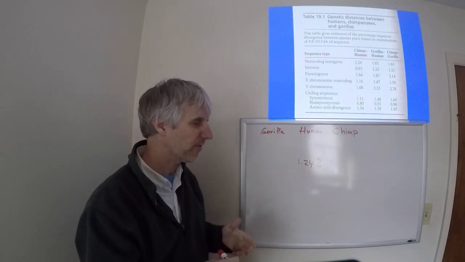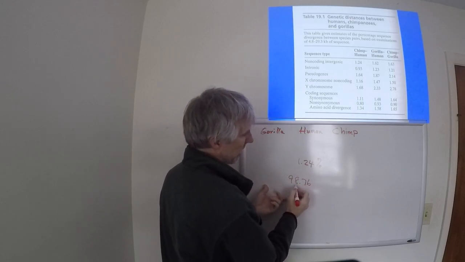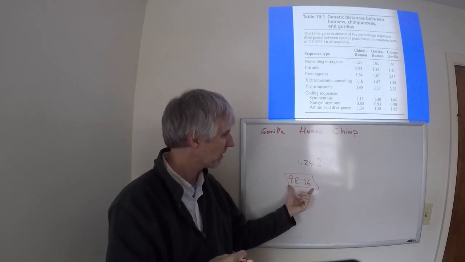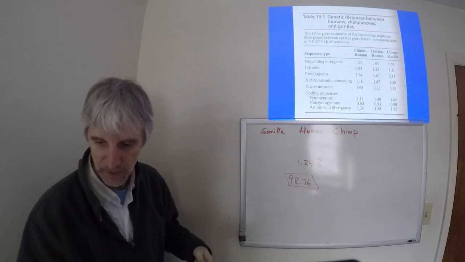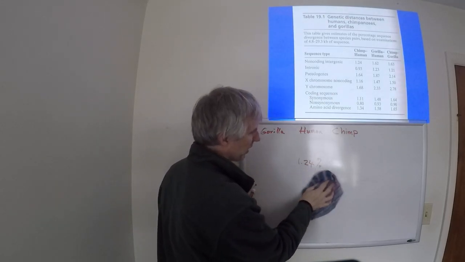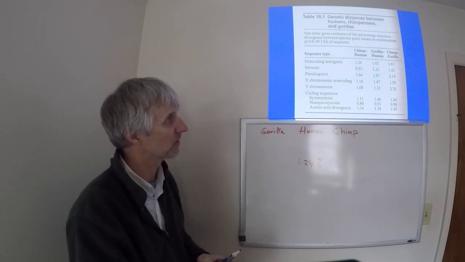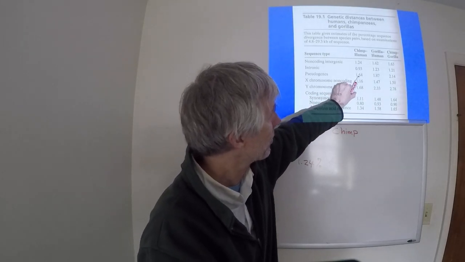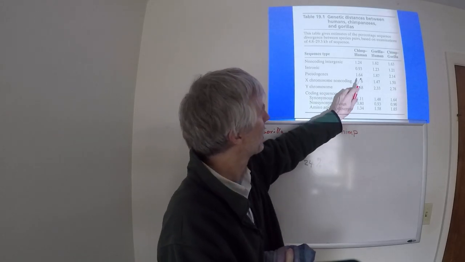So that means roughly 98.76 out of 100, or 9,876 nucleotides out of 10,000, are similar between a chimp and a human if we look at these non-coding intergenic regions. Okay? If we look at pseudogenes, we also know that pseudogenes are not under selection.